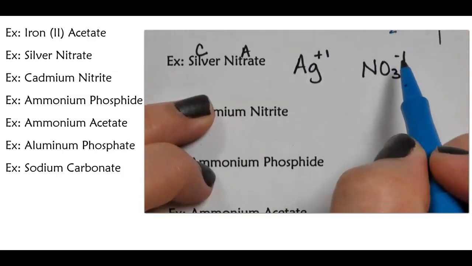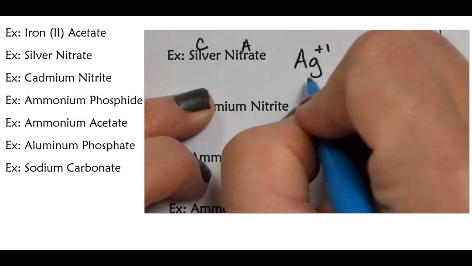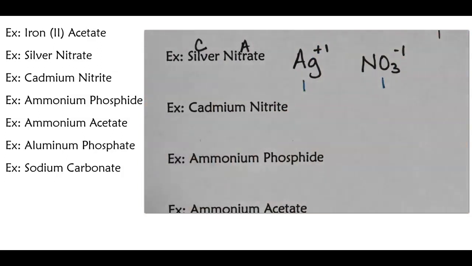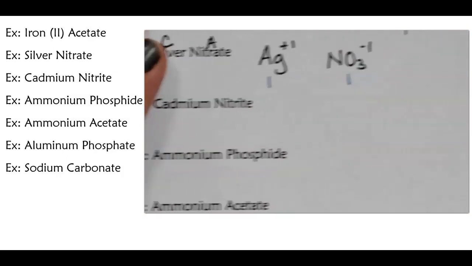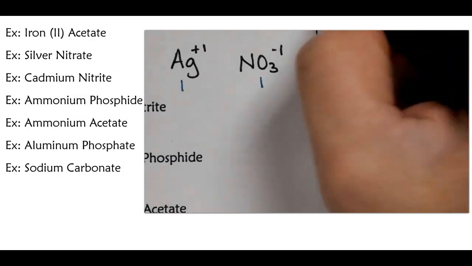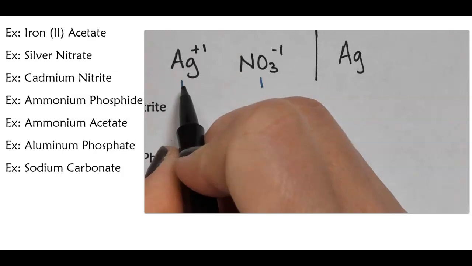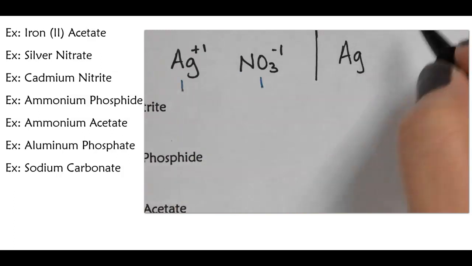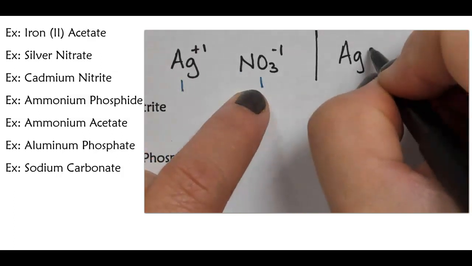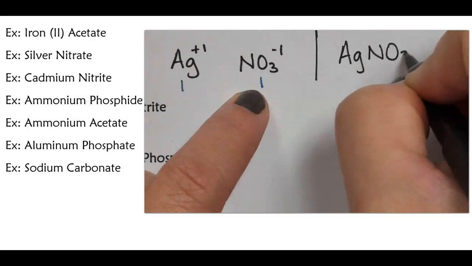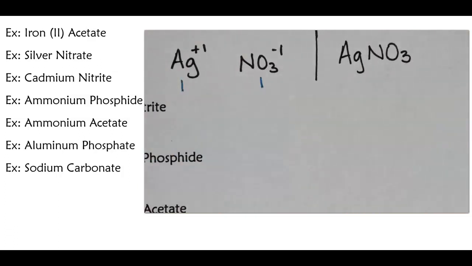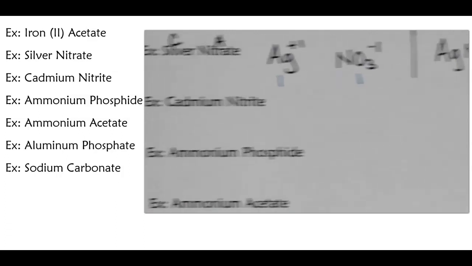So +1 and -1, because they're equal and opposite, means I only need one of each of my cation and my anion. So when I rewrite this formula, it's going to be Ag, just 1. We don't write the subscript of 1. And then I only need 1 nitrate. Since I don't need more than 1, it does not need parentheses, and it'll just be AgNO3.